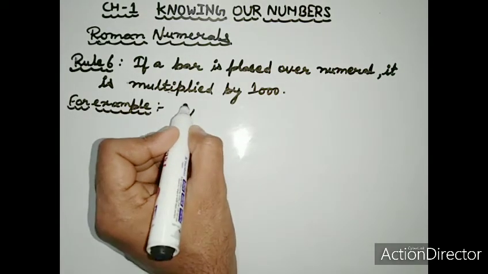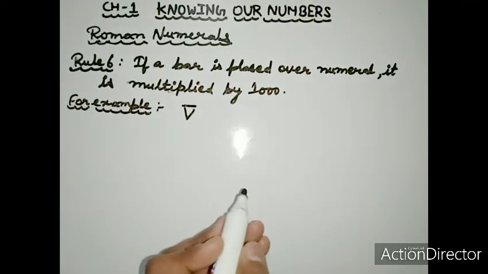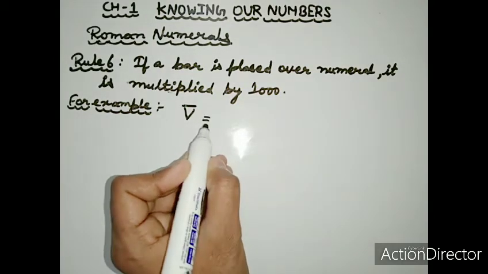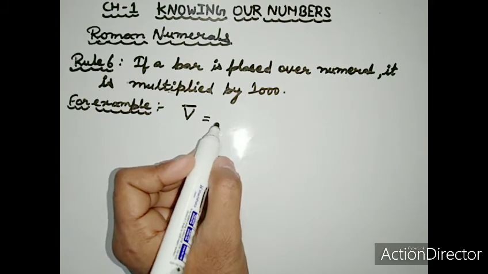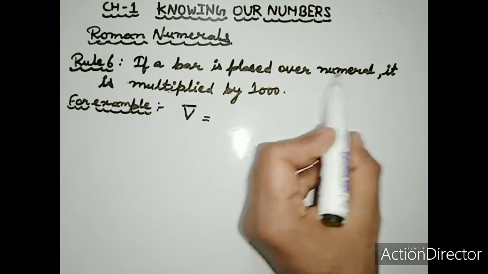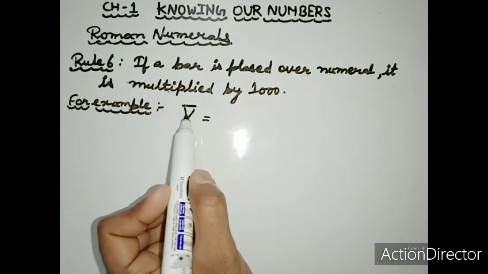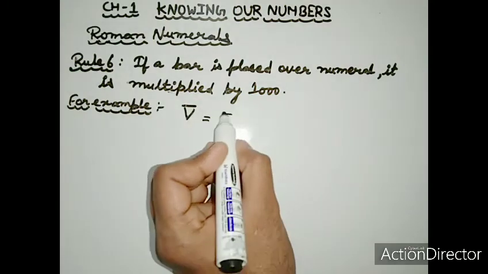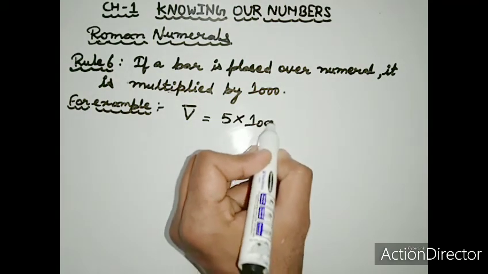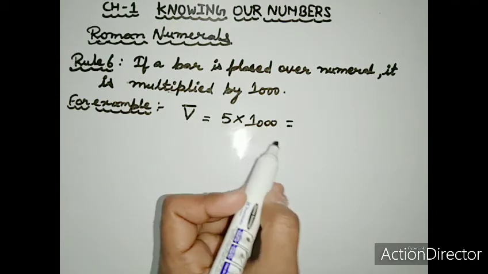here we write V and place a bar on this numeral. So here we write this number as 5000, because the rule says that if a bar is placed over a numeral, it is multiplied by 1000. So here 5 multiplied by 1000. V means 5 and bar means 1000 here.